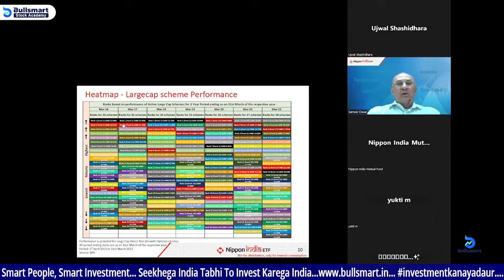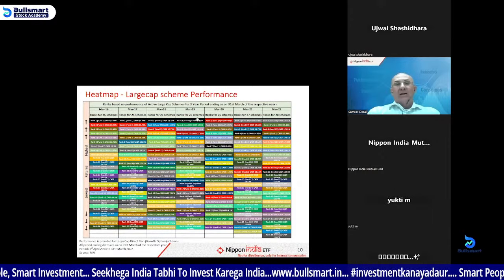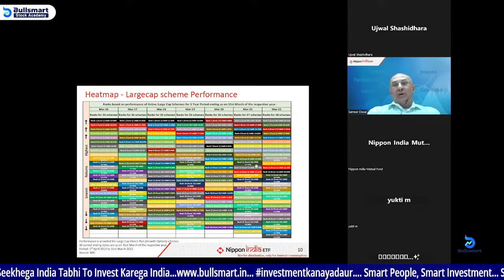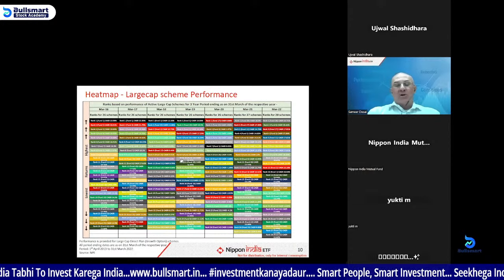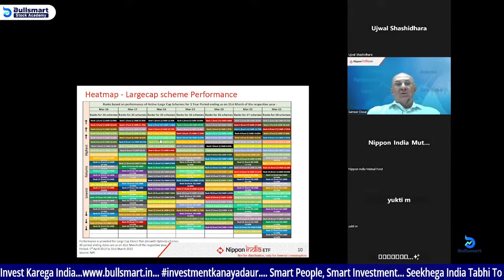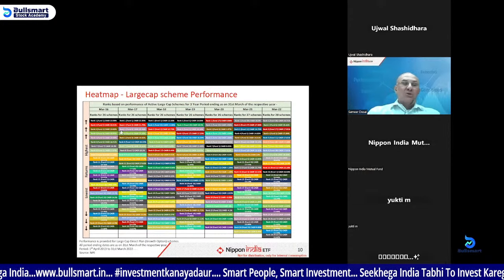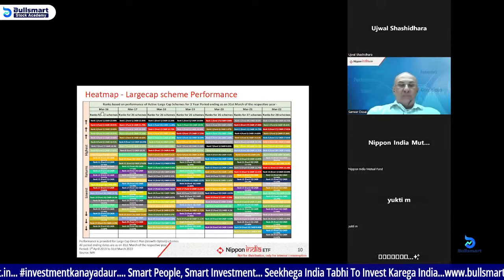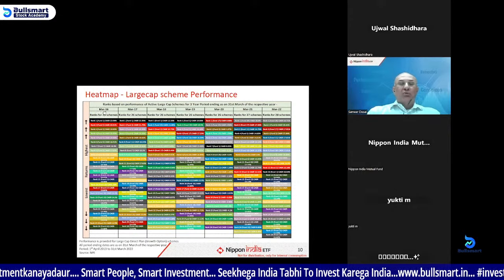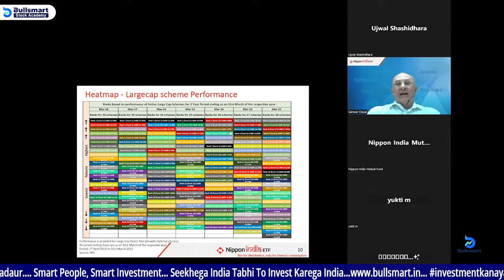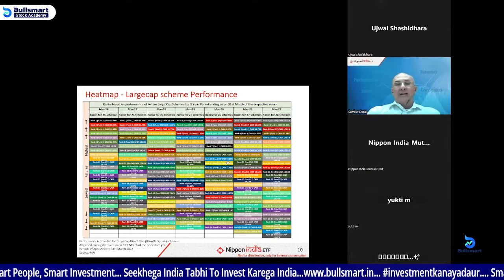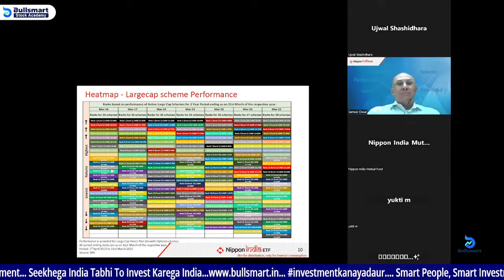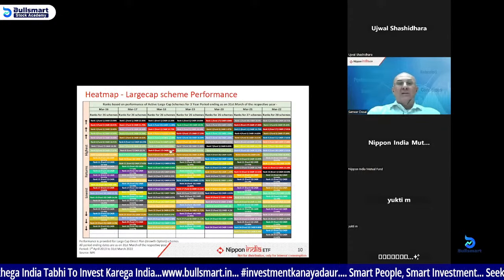So for this particular fund manager who was top ranked with a black color, that ranking is falling in the subsequent time periods because of the competition. So if some fund manager was top ranked in one particular time period, let's say for the 3-year time period ended March 2016, then his ranking is falling in the subsequent time periods, and some other fund managers who had a lower ranking in this time period are moving up in the ranking.